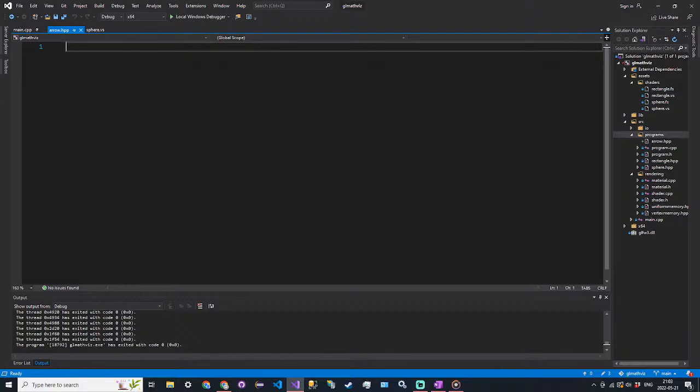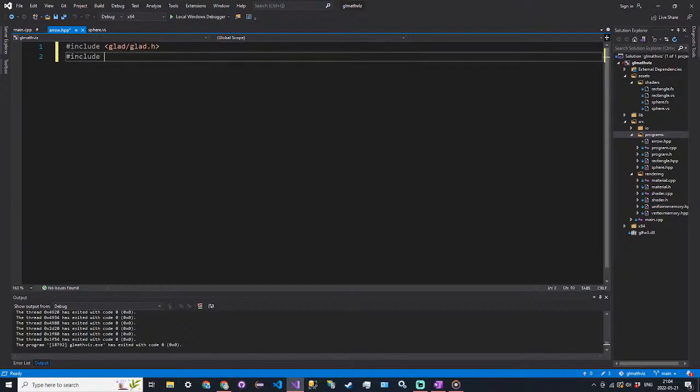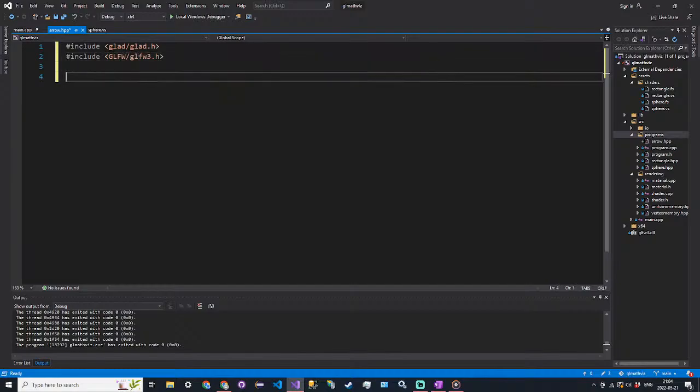All right, so we'll start with some includes. So we want to include glad/glad.h, include glfw/glfw3.h, and then we're going to include glm because we'll need some vectors.